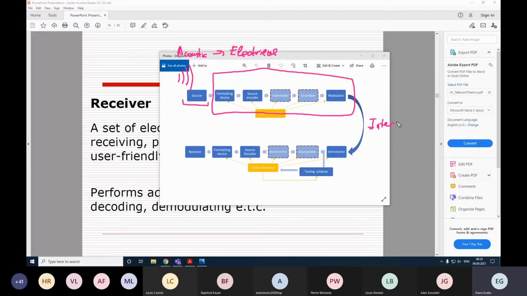Now, the internet connects with different types of wire. Somewhere we have optical cables, somewhere we have Ethernet cables, so copper wire. And somewhere we also have Wi-Fi, a wireless connection.